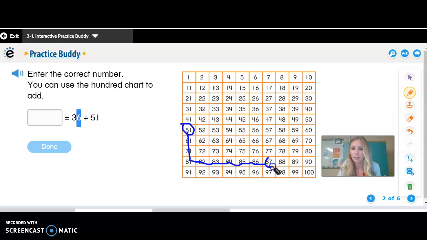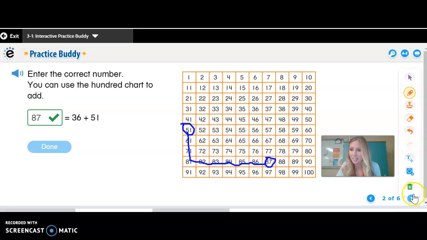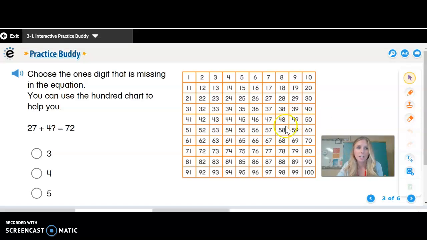Circle your final number. Again, this just helps keep you organized so you can look at what numbers you're dealing with. So 51 plus 36 is 87. We went down 3 tens, 1, 2, 3, and we went over 6 ones to find 87. Good job.